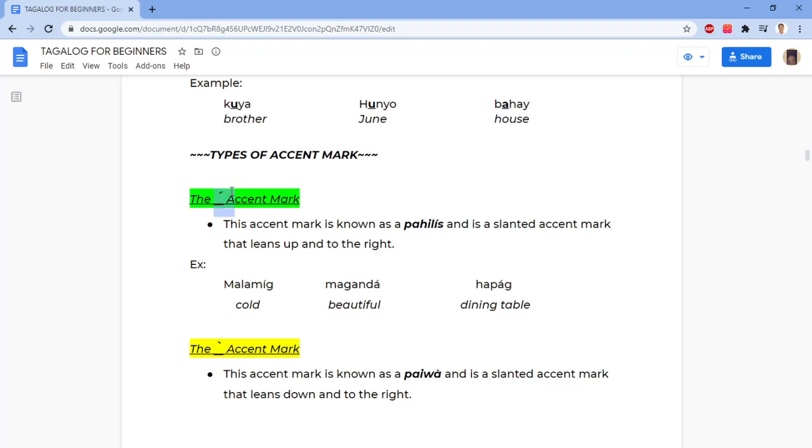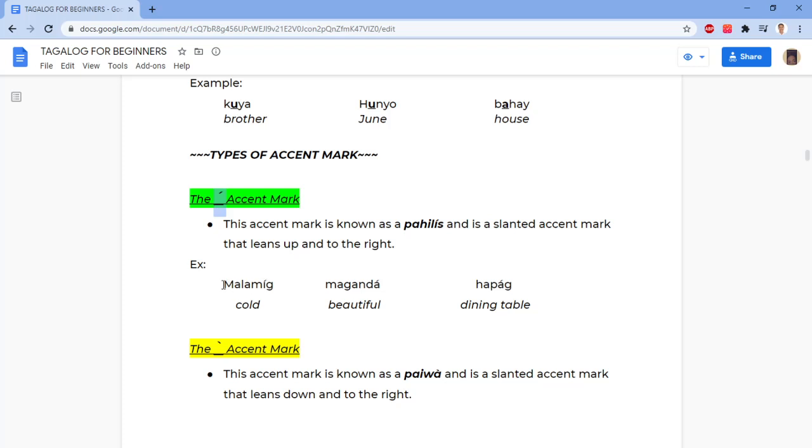This one leans and rises, so we call it pahilis. Pahilis is a slanted accent mark that leans up and to the right. Here are examples using this accent mark.